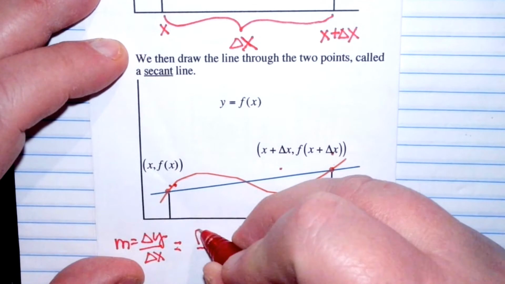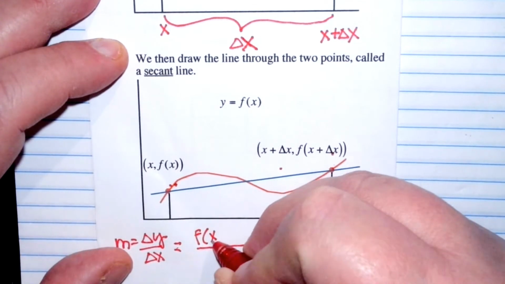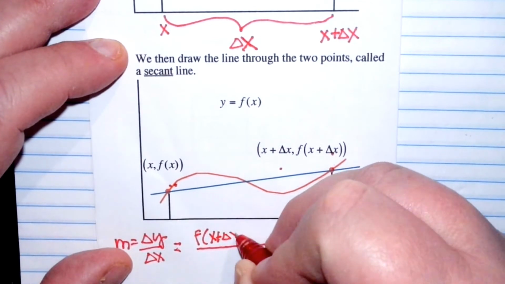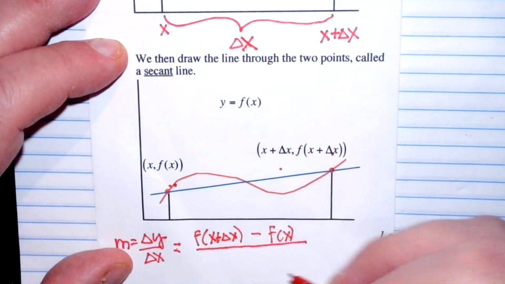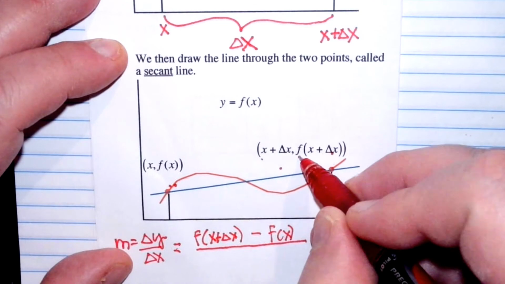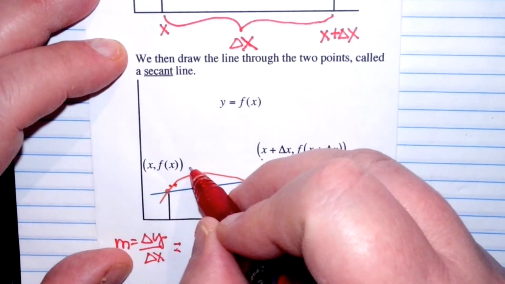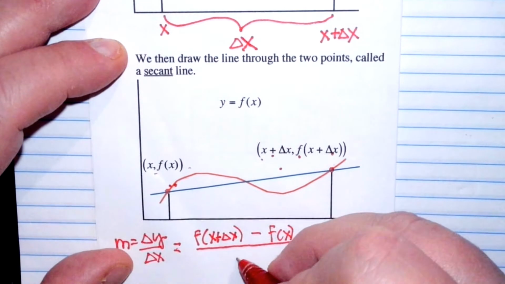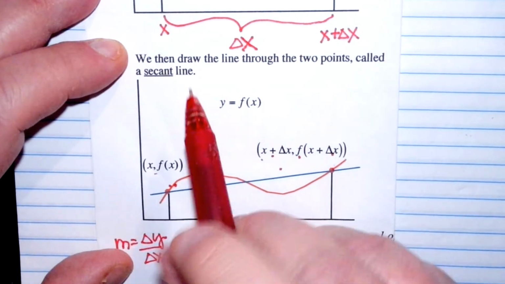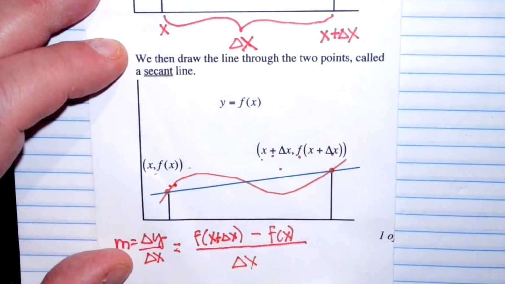So that's going to give us f of x plus delta x minus f of x, all over x plus delta x minus x. But this x coordinate minus that x coordinate is just delta x, which is what I had called it up here.